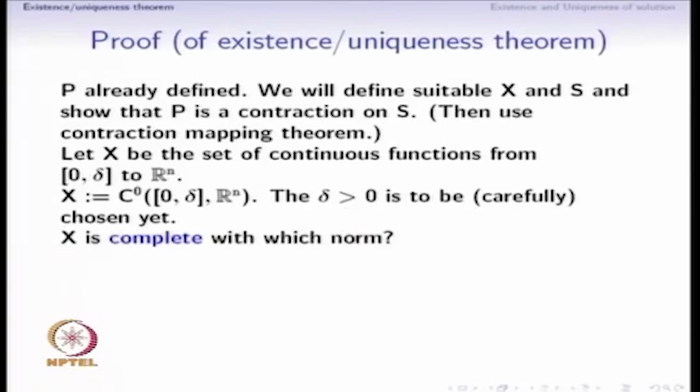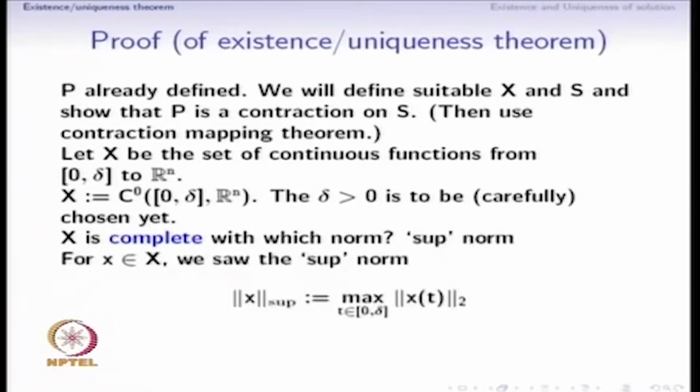Now we can ask the question, is X complete with respect to some norm? After all, for the contraction mapping theorem we require a Banach space X. So with which norm is X complete? We already saw the sup norm for this space of continuous functions. For a point x in capital X, we define the sup norm as the maximum, as t varies in the interval 0 to delta, of the Euclidean norm of x of t.